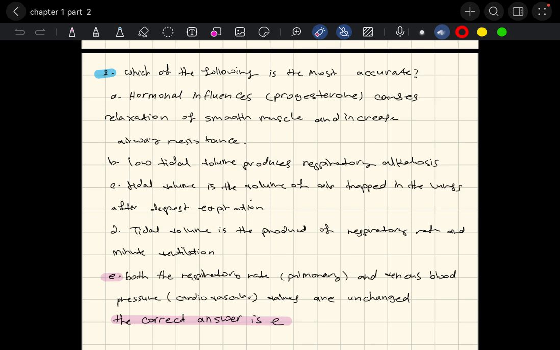Wrong. D: tidal volume is the product of respiratory rate and minute ventilation. Lastly, E: both the respiratory rate, in brackets pulmonary changes, and venous blood pressure, in brackets cardiovascular changes, values are unchanged. So the correct answer is E.